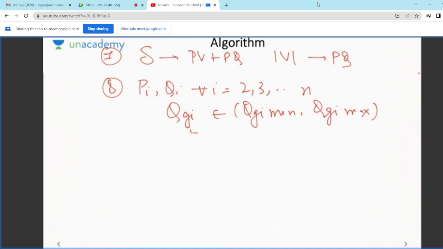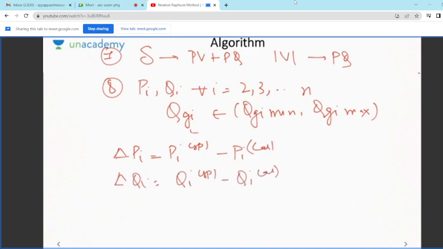So then we will again calculate delta Pi, that is Pi supposed minus calculated. So we again get the mismatch vector. Now we will check that if maximum of delta Pi is less than epsilon and maximum of delta Qi is less than epsilon, then the load flow solution converges.